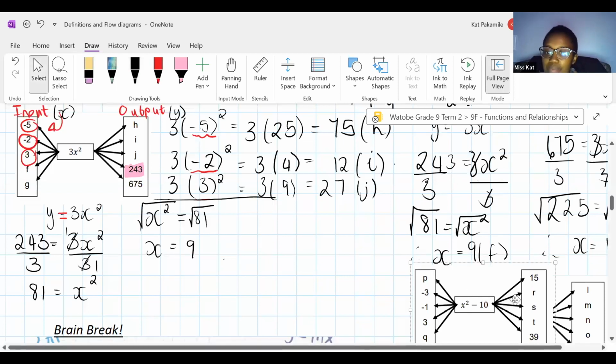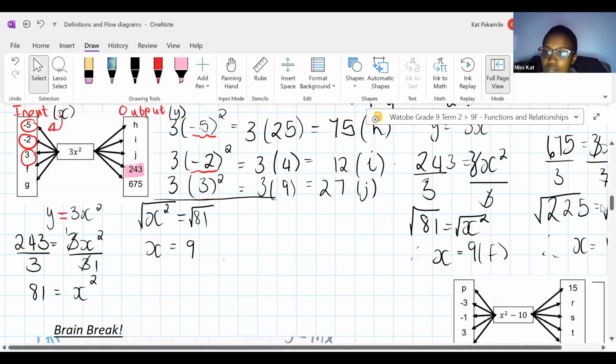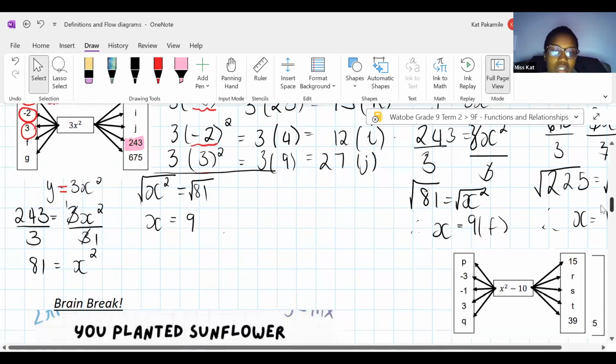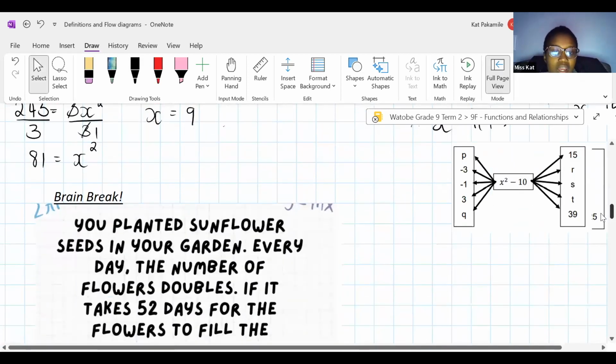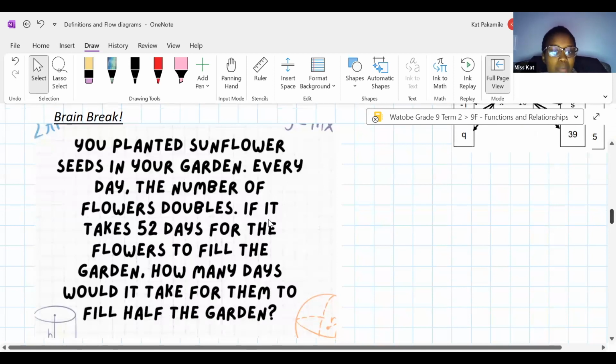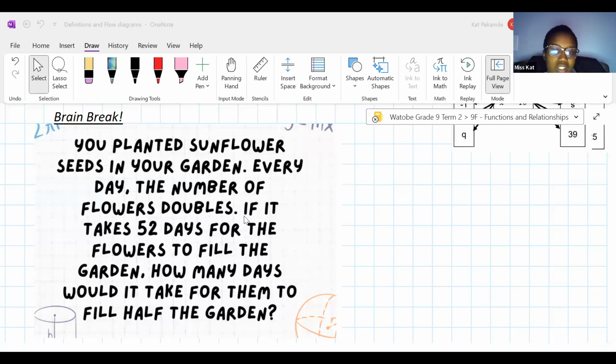Okay, guys. You're welcome. Are we ready for a brain break quickly before we get back to this? Here's our first one. If you plant sunflower seeds in your garden, every day the number of flowers doubles. If it takes 52 days for the flowers to be full, how many days will it take to be half?